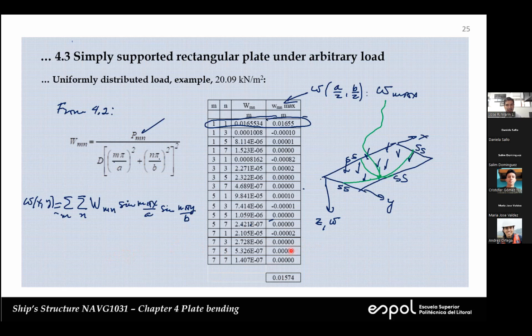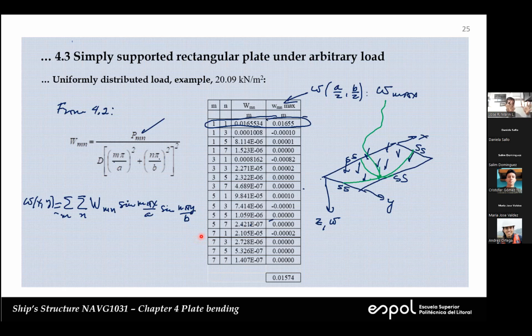The other, basically you have nothing. Up to the 5th decimal, this is 0. So you take 1,1, 1,3, and 3,1. Those are the lowest. That's it. Probably that's enough for a good approximation. But remember, that depends on the type of loading. That's not always the case.